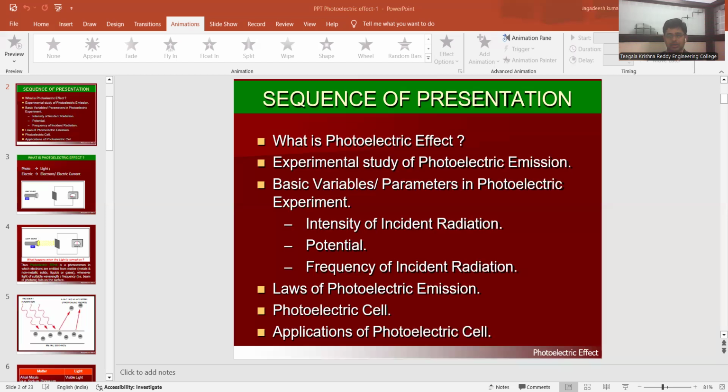And what is quantum mechanics? Quantum mechanics explains microscopic particles like electrons, protons and neutrons. According to quantum mechanics, the energy distribution of electromagnetic radiation is discrete.